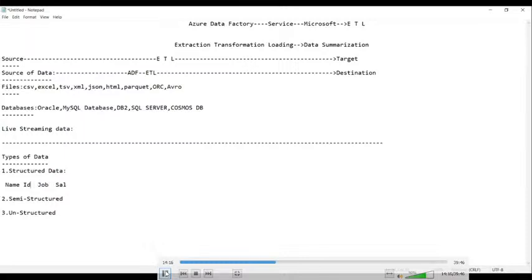Let's fill it up. Name is Alan, here the ID number, job is clerk, and salary is 25,000.